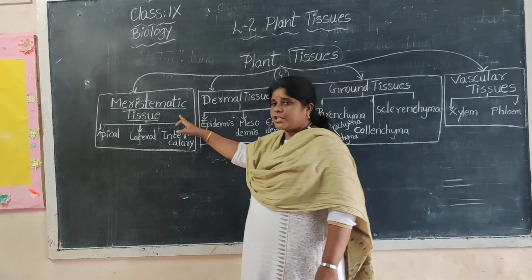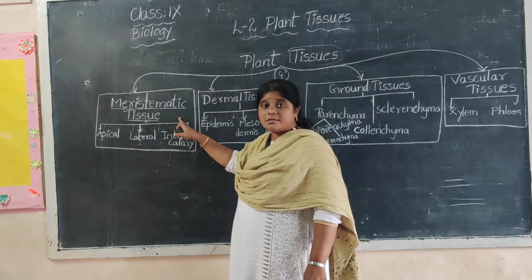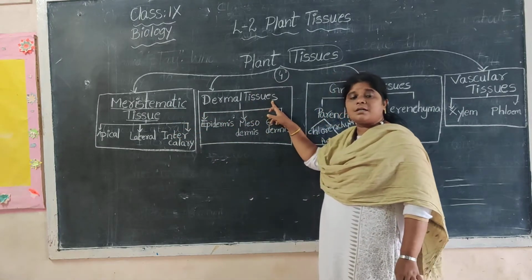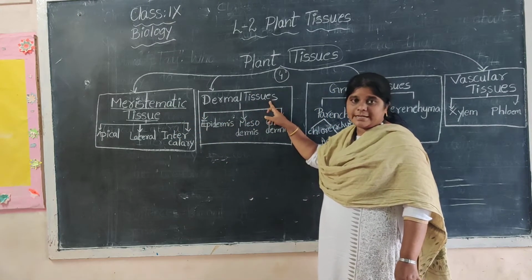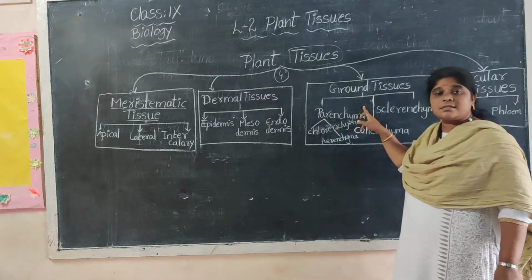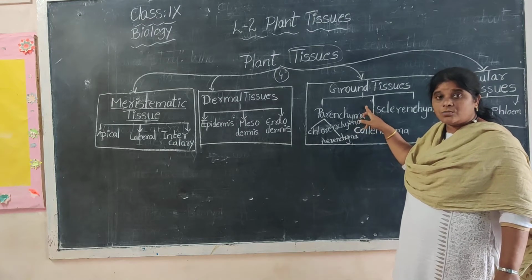Understand? So, the first type is what? Meristematic tissue. The second type is dermal tissue. The third one is ground tissue.